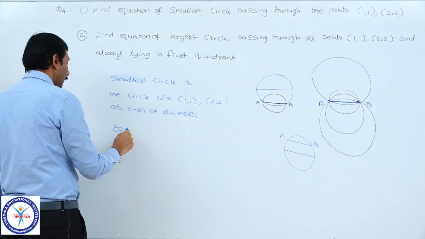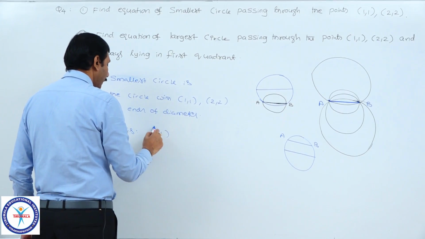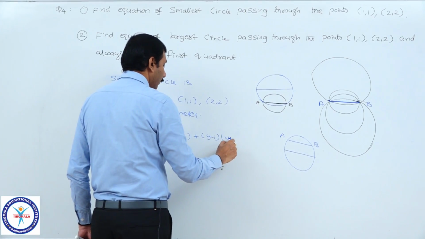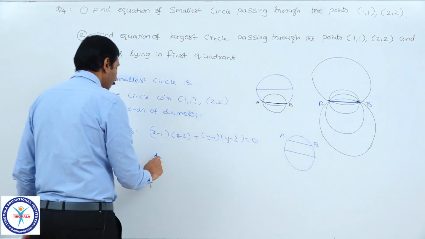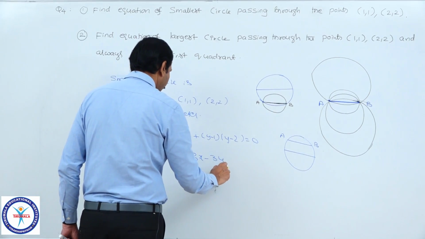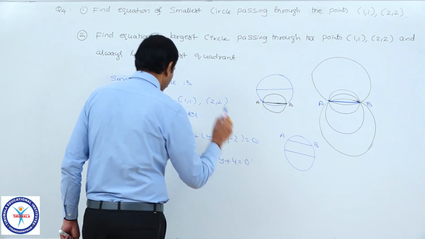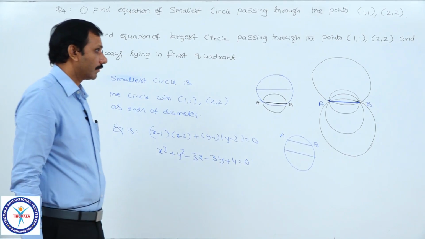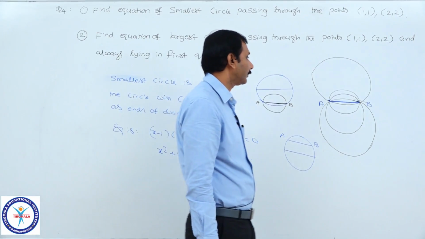Therefore, the equation is x minus 1 into x minus 2 plus y minus 1 into y minus 2 is equal to 0, or x square plus y square minus 3x minus 3y plus 4 equal to 0 will be the equation. Hope you understood.